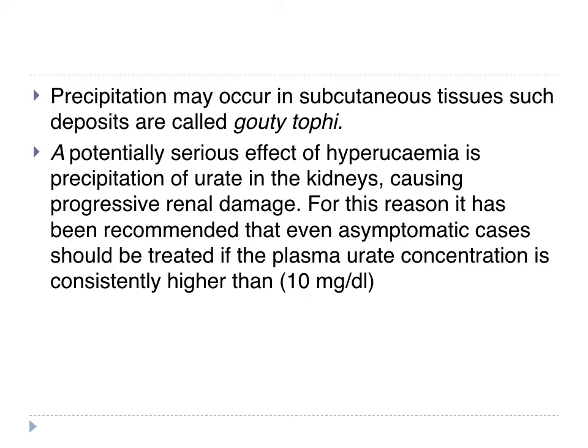For this reason, it has been recommended that even asymptomatic cases should be treated if the plasma urate concentration is consistently higher than 10. We said at around 6.8 deposition will occur. If a patient comes and you do a screening test for uric acid and find it high, and you tell him to go, perhaps he ate paja, meat, a hamburger or two, a steak, and come back after two or three days, and the persistency of the urate level remains high above 10, but he is asymptomatic, this case should be managed, should be treated in order to reduce the amount of urate in the blood, because this is a dangerous matter.